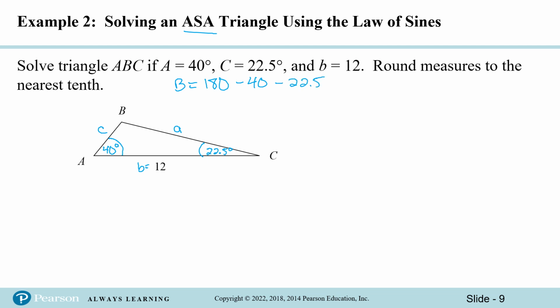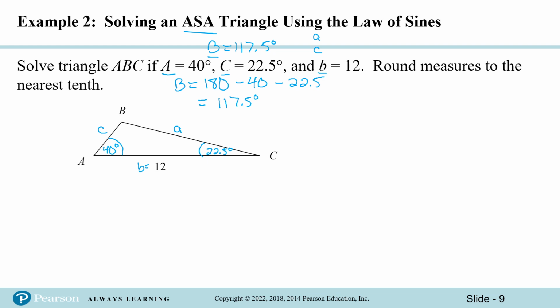22.5, and we end up with 117.5 degrees. Okay, so we've got angle B, and we need to find side A and side C. Okay, so we've got all three of our angles right now, and we have one of our sides.